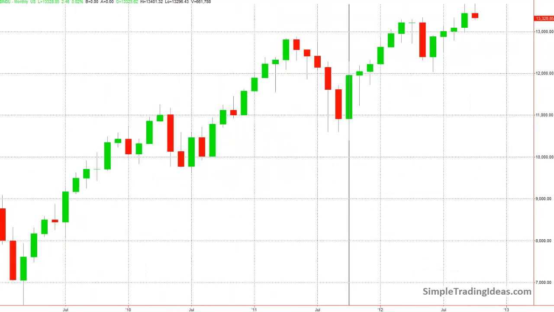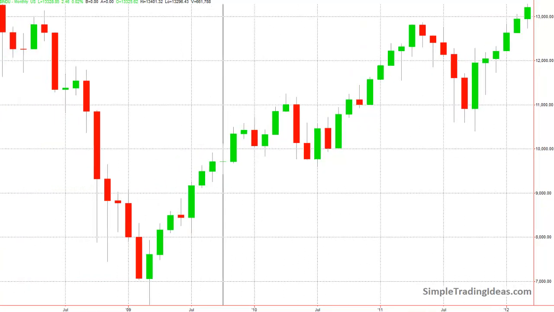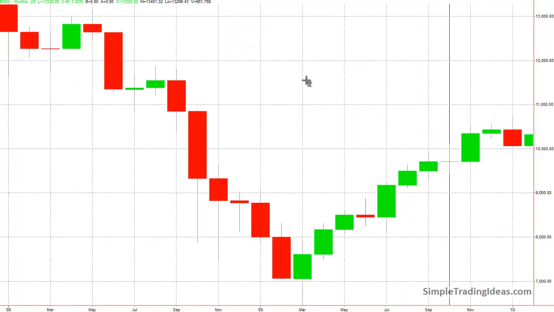Alrighty, this is the one I was really looking for. Let's get a closer look at that. There we go. This particular candle type is very well known.